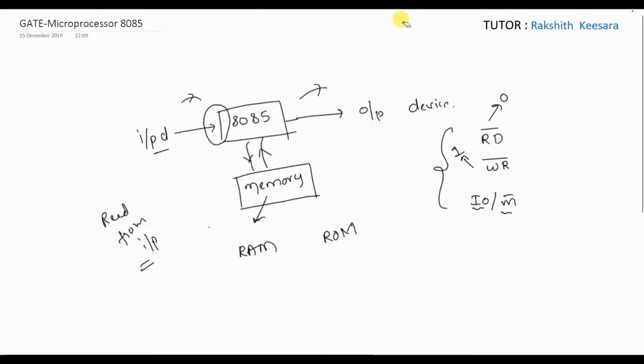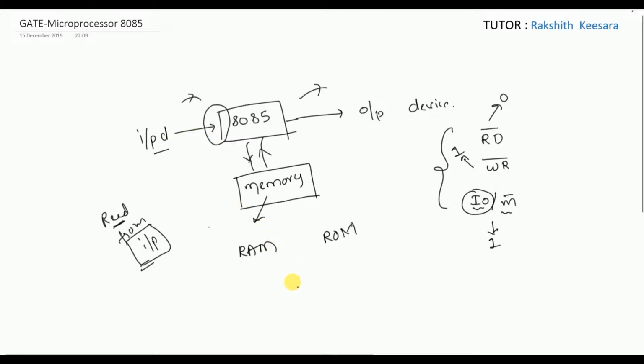It is an active low signal. So since it is a read operation, I am taking it as 0. We don't want write, so I am taking it as 1. And I want to read from the input device. So I will take this signal as 1. If I take 0, memory gets selected. If I take 1, input output devices get selected. So from input output devices, I need the read operation. So the read operation is done by the input device. That's it, guys.